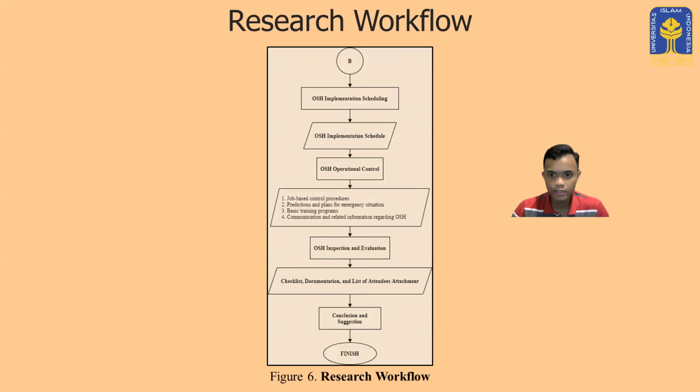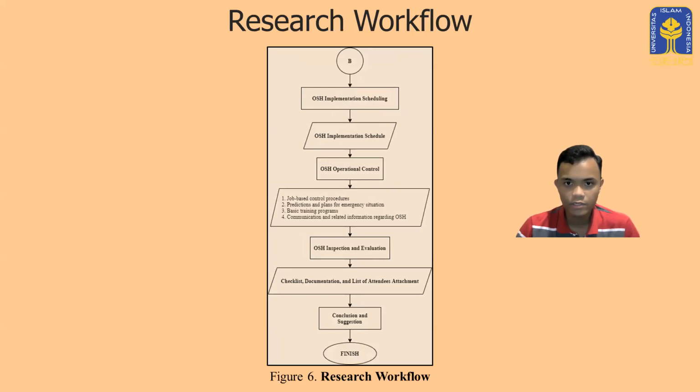So here we have part B of the research workflow. We have the occupational safety and health implementation scheduling, and then continue with the occupational safety and health implementation schedule, and the occupational safety and health operational control, which consists of the job-based control procedure, predictions and plans for emergency situations, basic training programs, communication and related information regarding occupational safety and health, and also occupational safety and health inspection and evaluation.